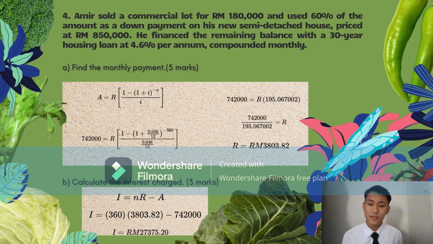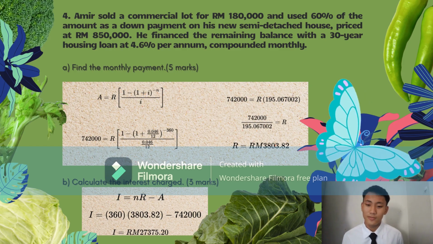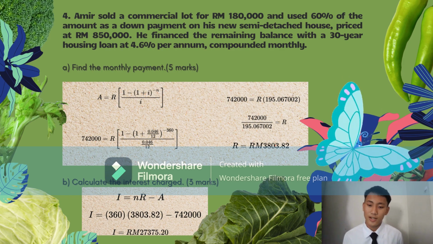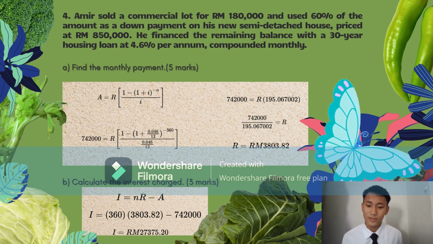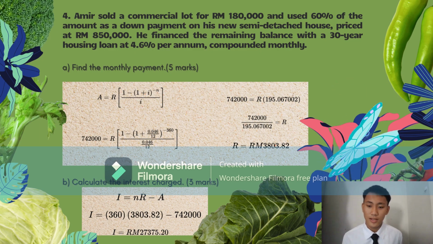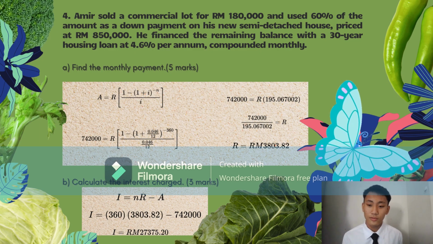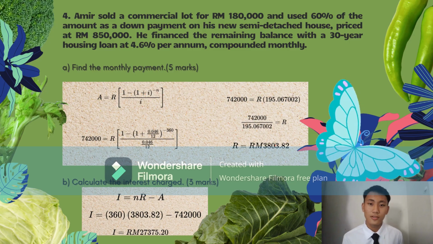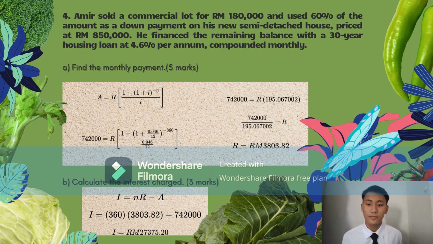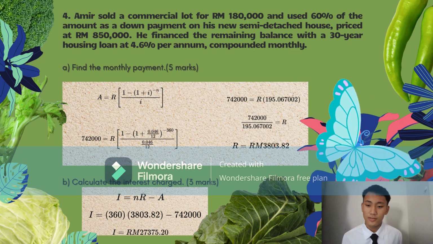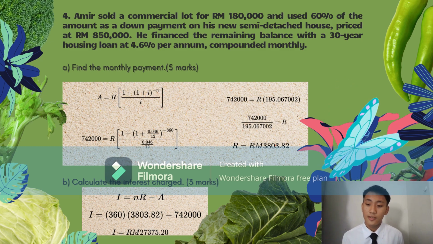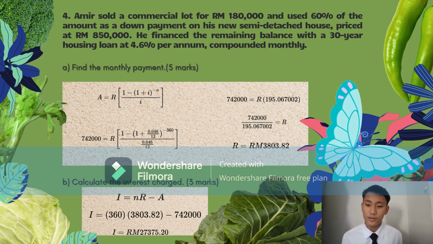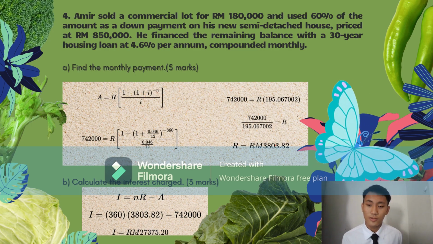So we put that into the formula, which is 740,000 equal to R[1 minus (1 + 0.046/12)^-360] divided by 0.046/12. After calculating the bracket on the right, we will get 195.067002.